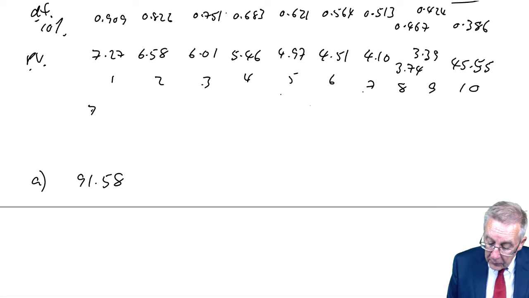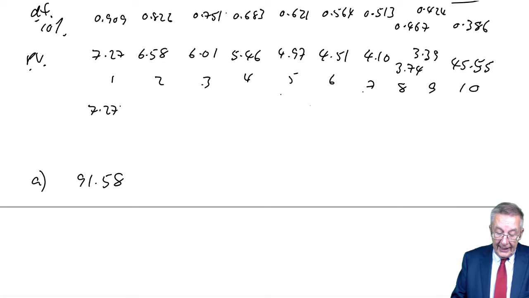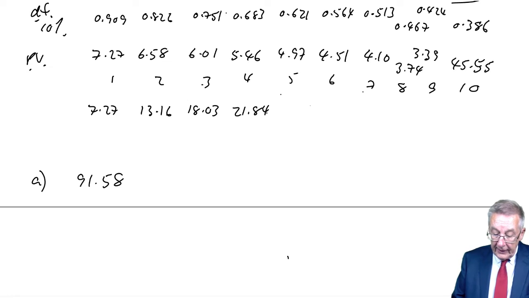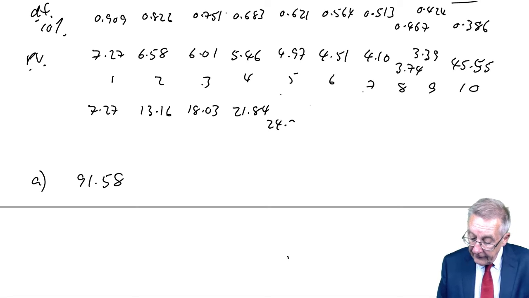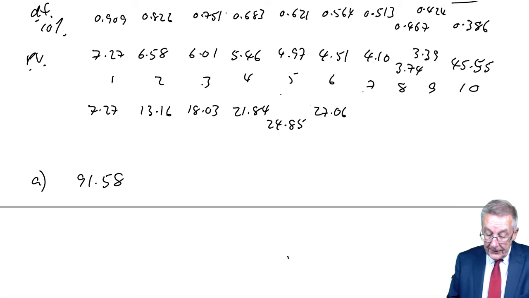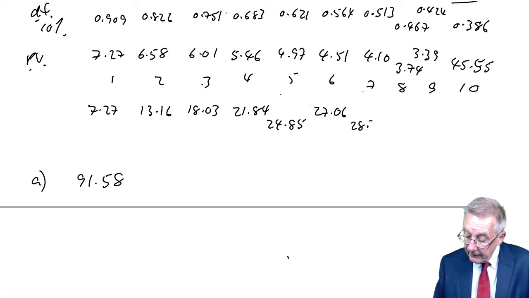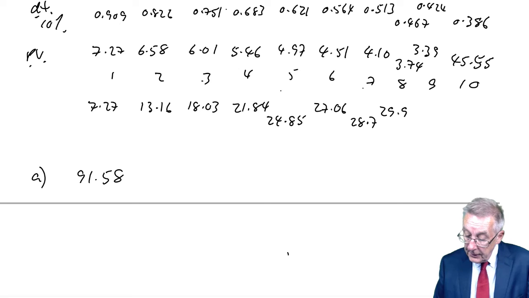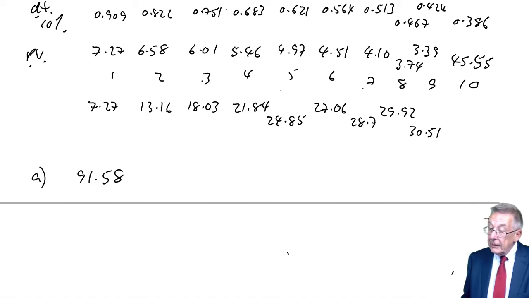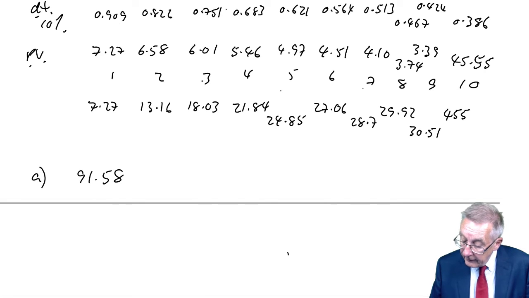Multiplying up, 1 times 7.27, 2 times 6.58 is 13.16, 3 times that is 18.03, 4 times 5.46 is 21.84, 5 times 4.97 is 24.85, 6 times 4.51 is 27.06, 7 times 4.1 is 28.7, 8 times 3.74 is 29.92, 9 times 3.39 is 30.51, and finally 10 times 45.55 is 455.5.